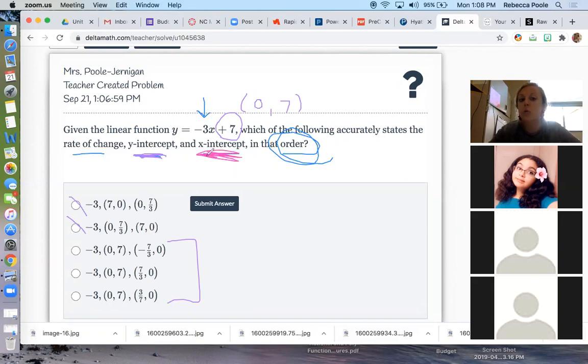Who remembers, how do we find an x-intercept? I taught you this 2 weeks ago, so it has been a while. How can we find an x-intercept? There's 2 ways.